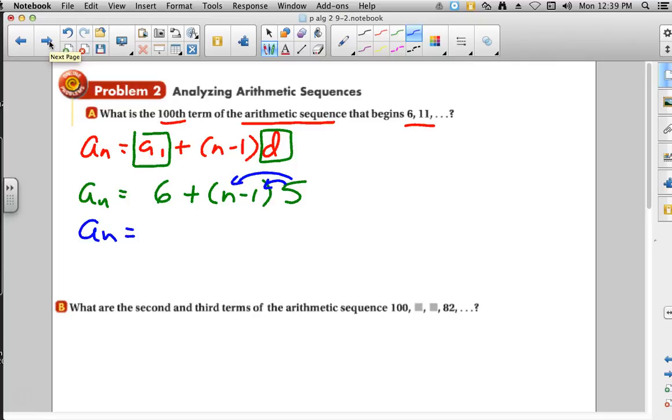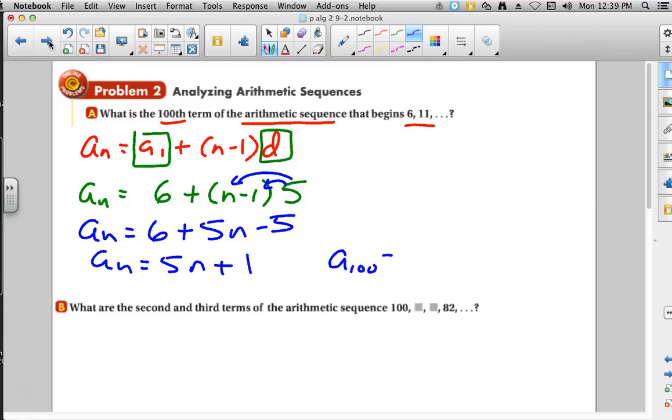So a sub n equals 6 plus 5n minus 5. And then we go ahead and combine like terms. A sub n equals 5n plus 1. So now, whatever term they want us to find, all we have to do is put it in for n, and we'll be done. They wanted the 100th term. So a sub 100 equals 5 times 100 plus 1.